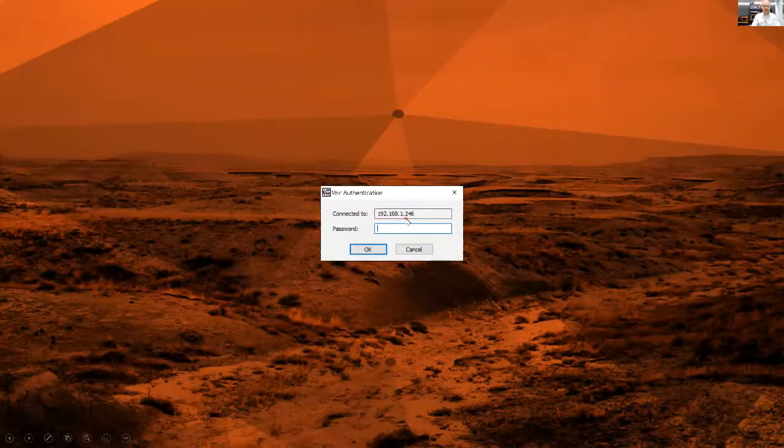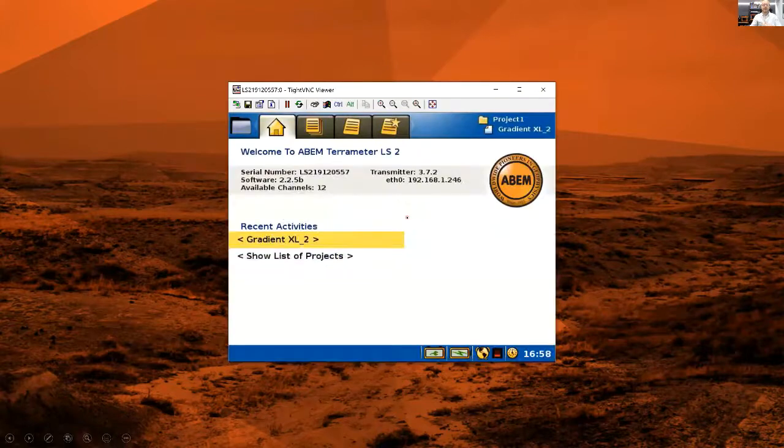So I'm connecting to it via its Wi-Fi network. And so by connecting through just using this VNC server, so this is a remote desktop software, it's free software, I can see the instrument in front of me. I can see all of the menus and I can control the instrument.